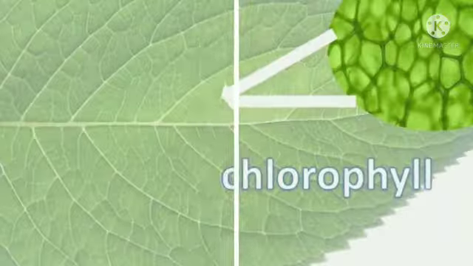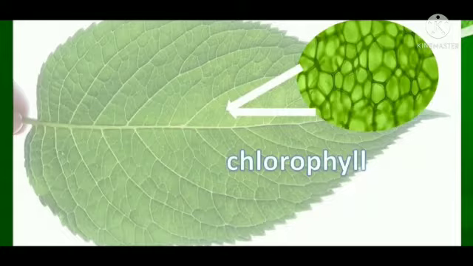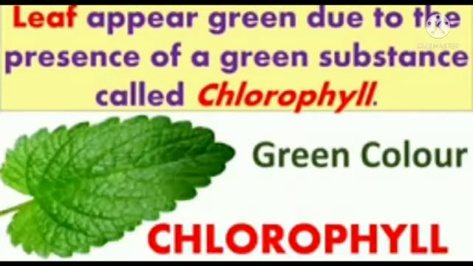Okay. So, what is chlorophyll? The green substance present in leaves. Now, what is the function of chlorophyll? The chlorophyll gives green color to the leaves. It also helps plants to make their own food.